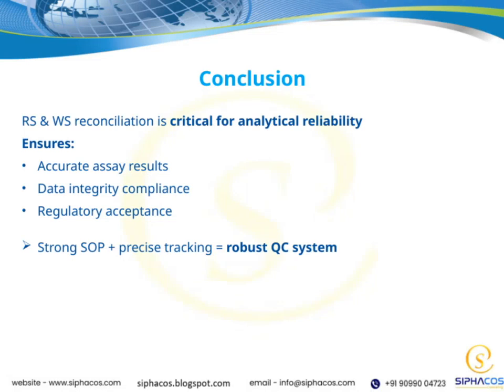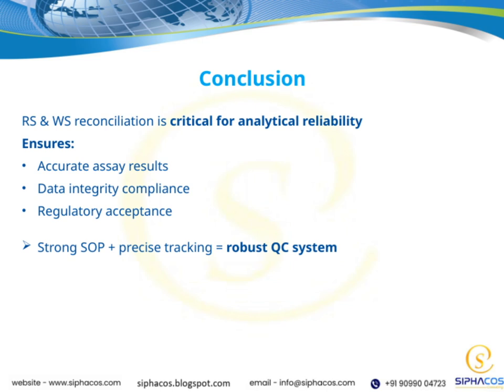So, in conclusion, RS and WS reconciliation really are critical for ensuring the reliability of our analysis. When we do this properly, we can confidently produce accurate assay results, which are essential for making sound decisions. It also helps us maintain data integrity and stay compliant with regulatory requirements, which is absolutely vital in our industry.